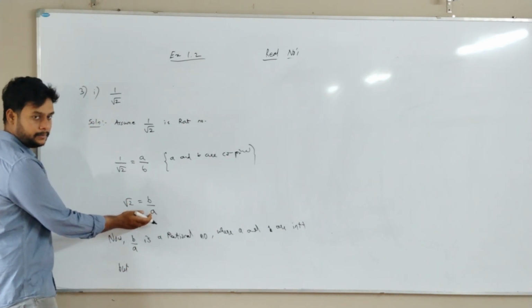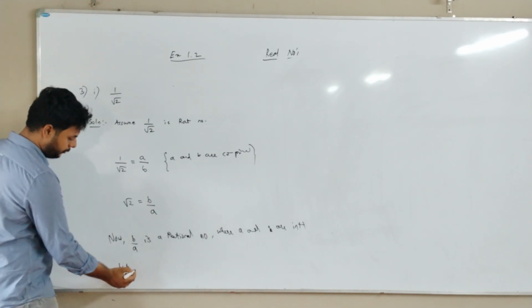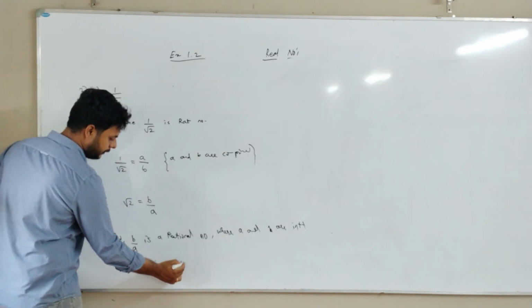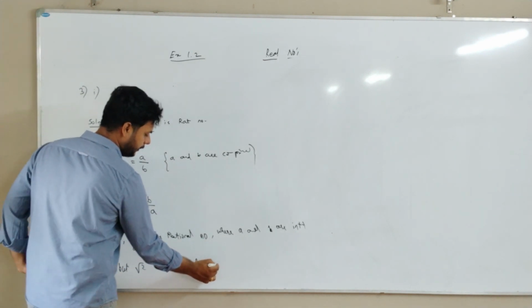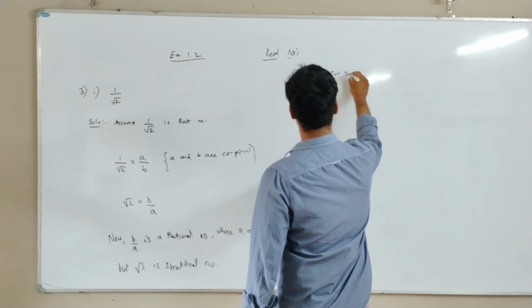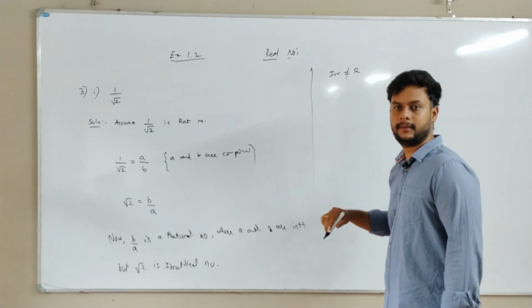But this rational number is equated to what? An irrational number. But root 2 is an irrational number. Again, same thing. An irrational number was equated to a rational number, which is false. We cannot assume like that.